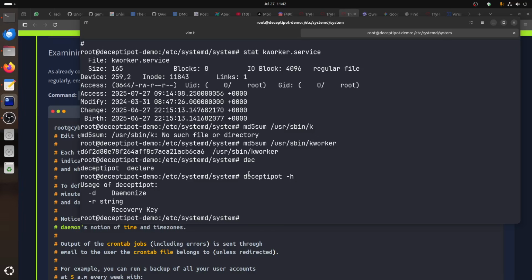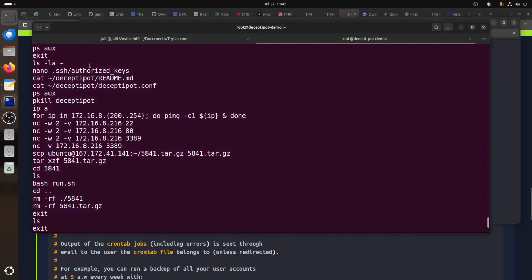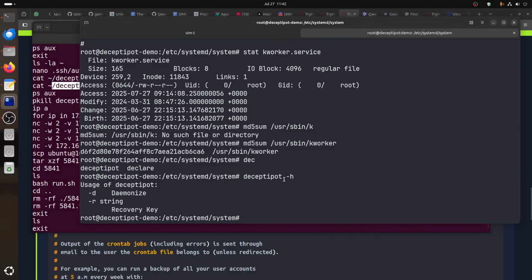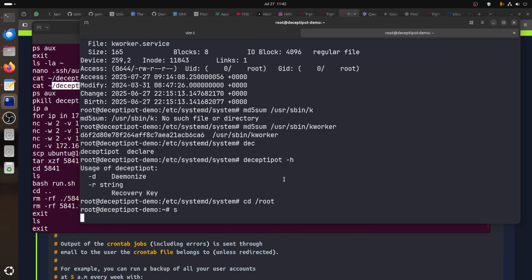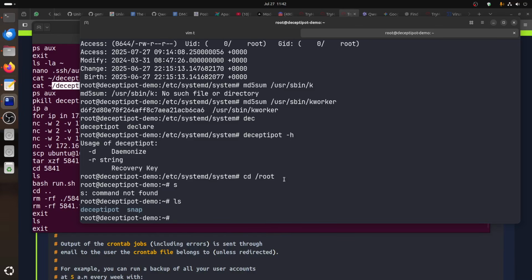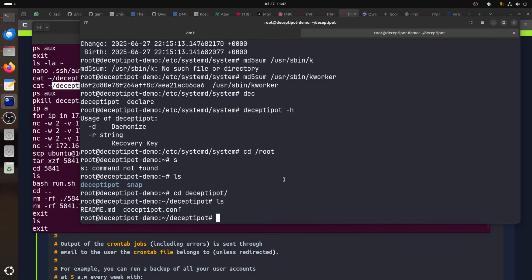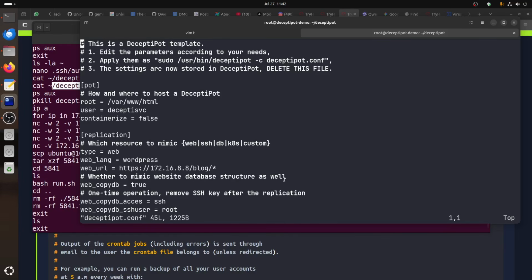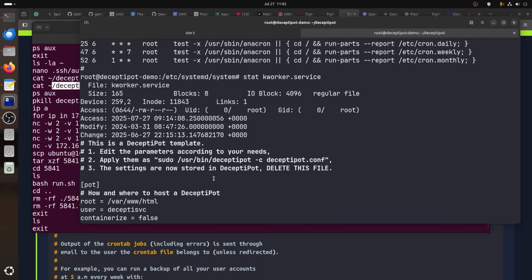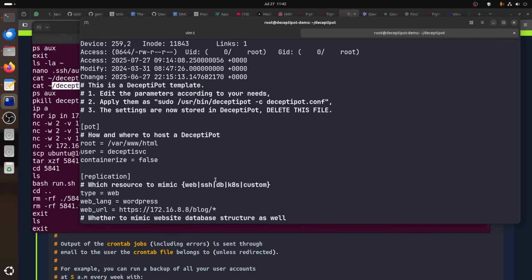And if you remember the history, it said we have something here. So it means there's a configuration file there. So we can go cd root and go to the deceptive directory, and then cat the deceptive conf, and we can see what I'm doing here.